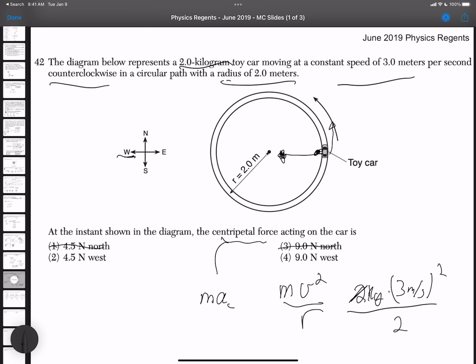So the 2 and the 2 here simplify to 1, and my answer is 3 squared. And so the answer is answer choice 4. Answer choice 2 is the number if you were just figuring out the centripetal acceleration. That would be 3 squared divided by 2, which would be the 4.5. But because they're asking for centripetal force, we have to also include multiplying by the 2 kilograms of the toy car.